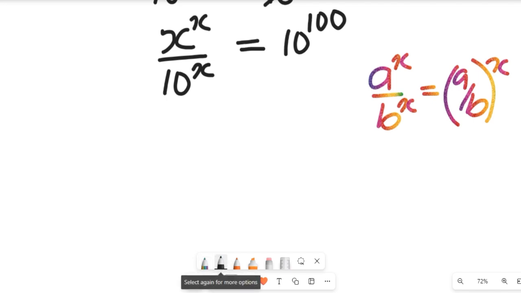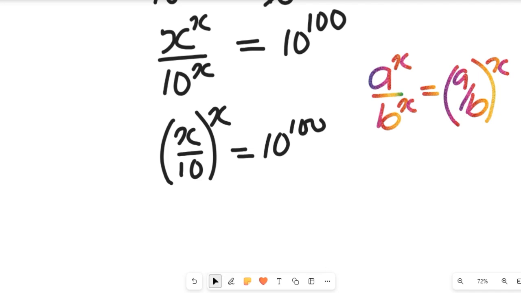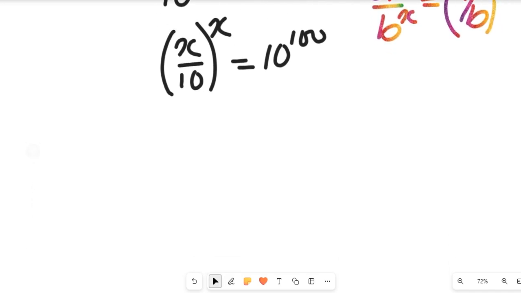So if we apply that, we're going to have this become x divided by 10 all to the power of x, and this will be 10 to the power of 100. Great. So having gotten to this point, what do we do in order to simplify this further?